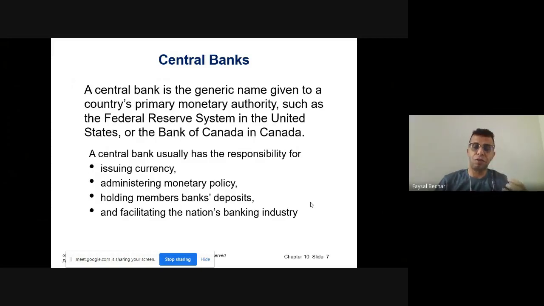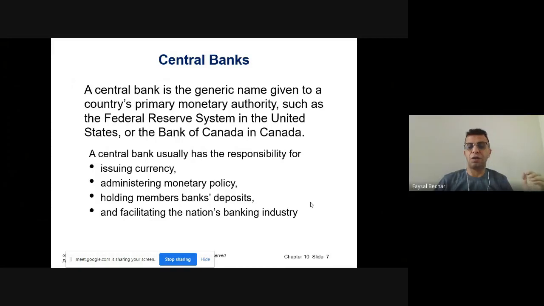Central bank is a generic name. If you look at it, a central bank is a bank for all the banks. So if you have so many banks, like TD, RBC, BMO, all these are banks in Canada, they have one bank which is banking them. That's called the central bank.